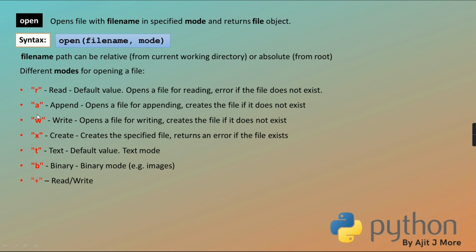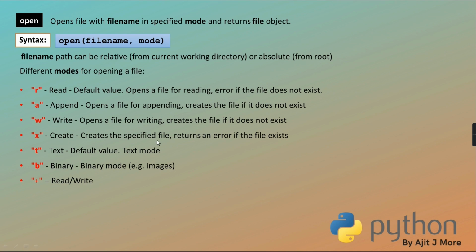The pointer is at the end, and therefore the new data is put at the end. W, write, open for writing. If the file doesn't exist, create it. But if it exists, the old data is sure going to get lost. It will truncate and write the new data.